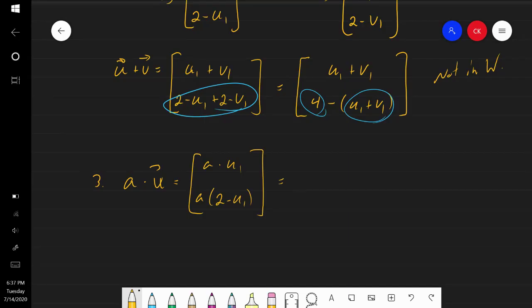And again, we've got to be able to manipulate this to make it look like it belongs in W. So a u1, and I better have 2 minus a u1, the second element. But when we do our distribution, I get 2a minus a u1. And once again, we see that we don't get the appropriate requirement that this be 2 minus the first element here. So again, it's not closed under scalar multiplication.